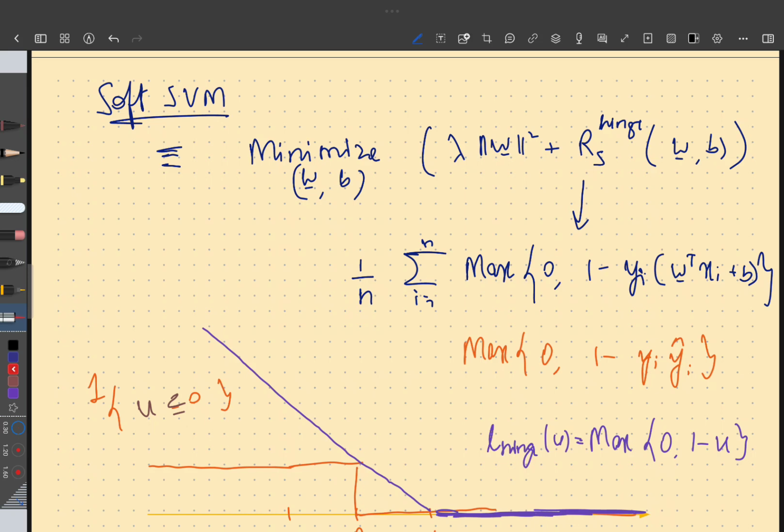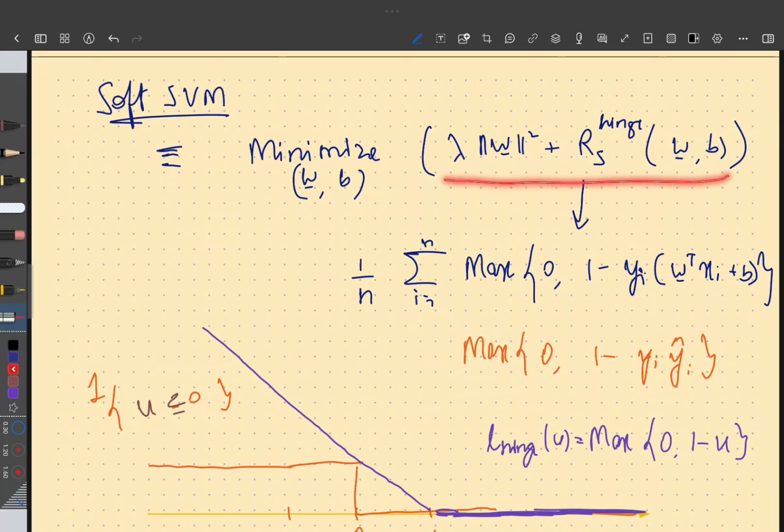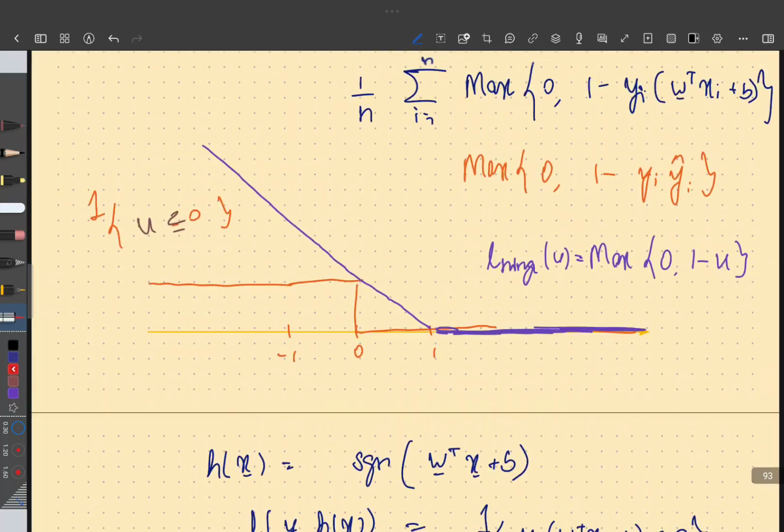Let's say you want to bias yourself towards sparse solutions and so on. There are deeper theories behind why you would want to use certain regularizers and when you would want to use certain regularizers. We'll see a little bit of that later in the course. But this is the trend that you will see in most machine learning problems. All right.